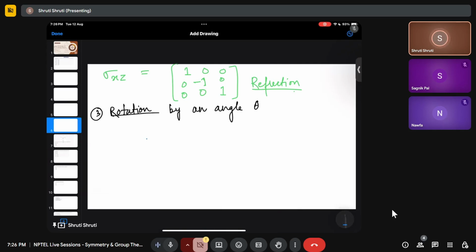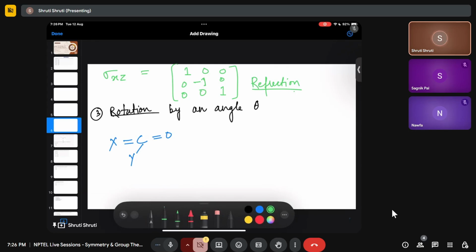Suppose you have C double bond O double bond something X, here something is there Y. Okay, this is an imaginary molecule.